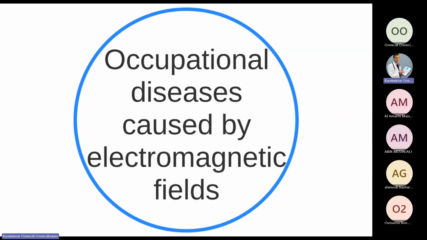Occupational disease caused by electromagnetic fields is extremely heterogenic because the electromagnetic influence starts from ionizing radiation, and there could be radiation sickness, etc., up to the visual diapason or maybe the ultraviolet diapason before visual, right? And there could be burns or something like that.